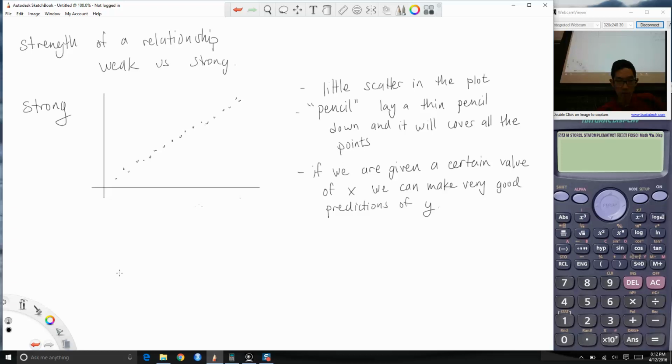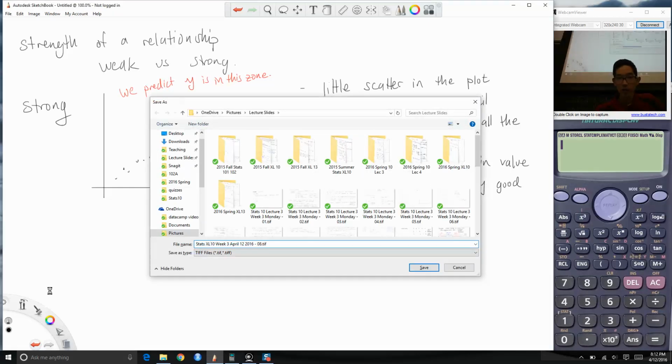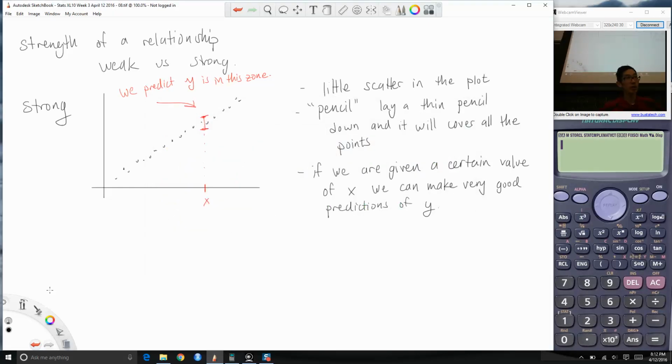For example, if I said x is right here, you could go up to here and say, I would predict that y is going to be in this zone. That would be a strong relationship.